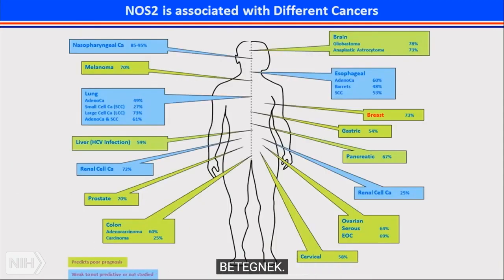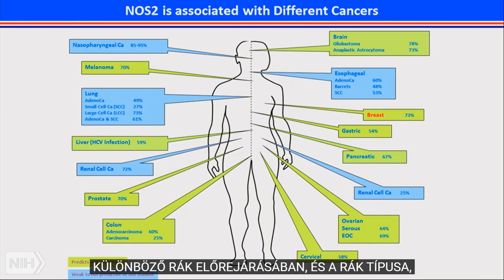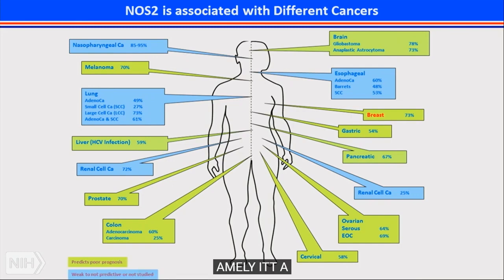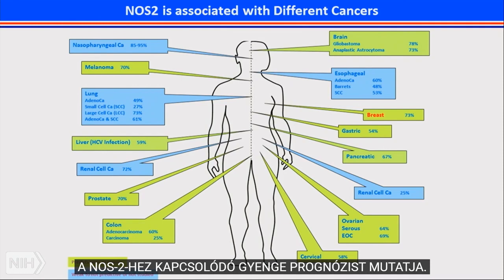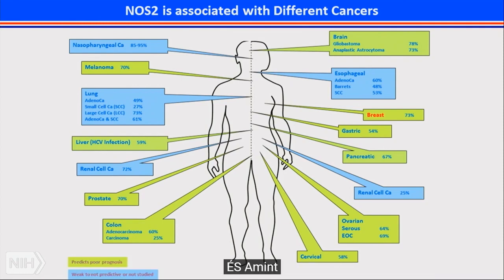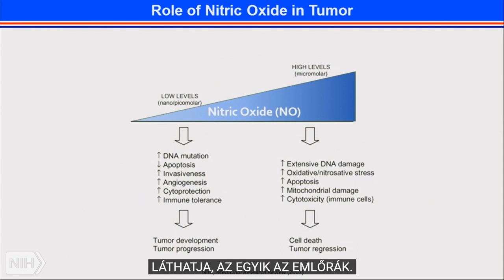As I mentioned, NOS2 is involved in progression of various cancers, and the types of cancer shown here in green show poor prognosis related to NOS2 upregulation. As you can see, breast cancer is one of them. In cancer biology, nitric oxide shows a concentration-dependent role.